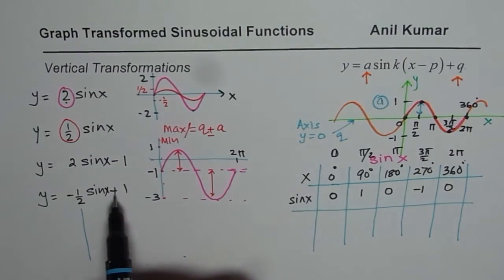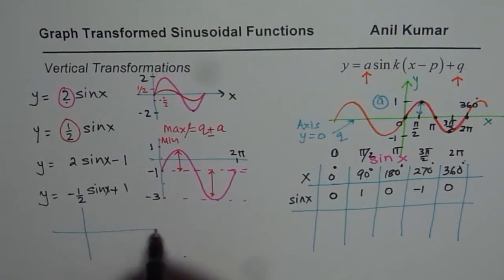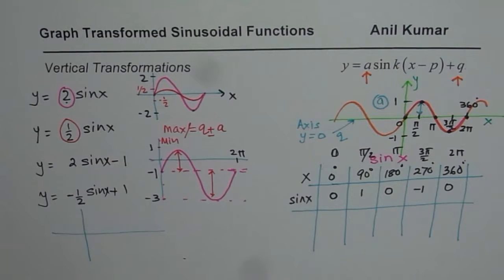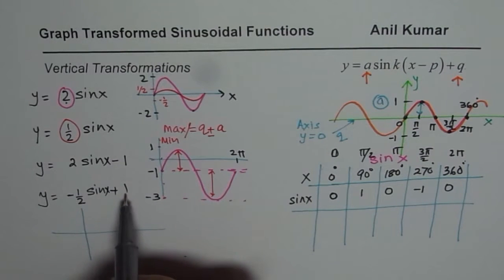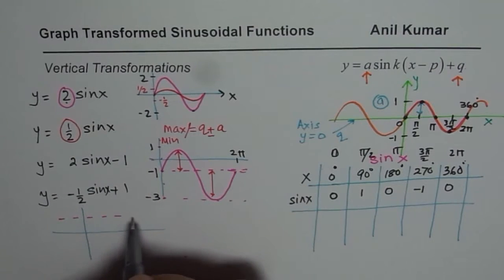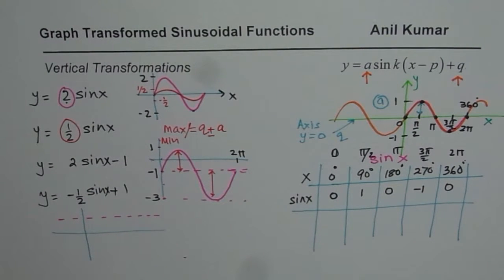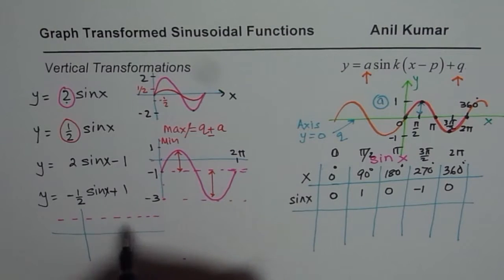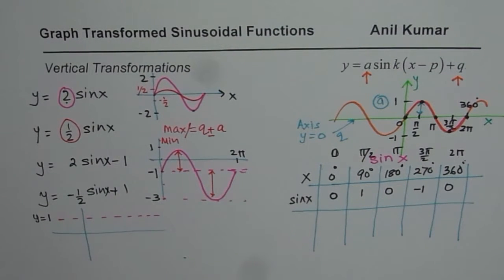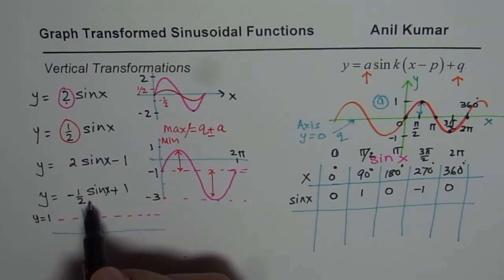Do you see that? And that plus means the axis is moving 1 unit up. So in this case, we first sketch the axis, which is 1 unit up. So let us say this is 1 unit up, so that is the axis. Let me write down the equation of the axis, which in our case will be y equals 1, the q value. And then let's find what could be the maximum and minimum.